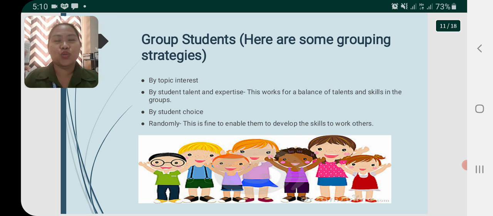Yun ang tinatawag na group kasi nagdradramatize sila, and nag-a-act sila kung ano yung mas magandang gawin doon sa project nila. By student choice yon. Randomly, this is fine to enable them to develop the skills to work with others.